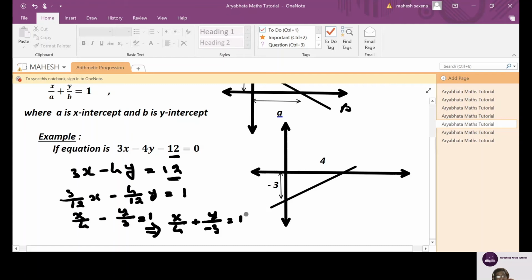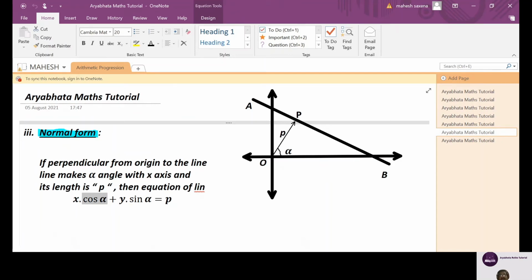Therefore, it is clear that the x-intercept is 4 and the y-intercept is minus 3. Therefore, the line AB can be drawn making a minus 3 intercept on the y-axis and a 4 unit intercept on the x-axis.